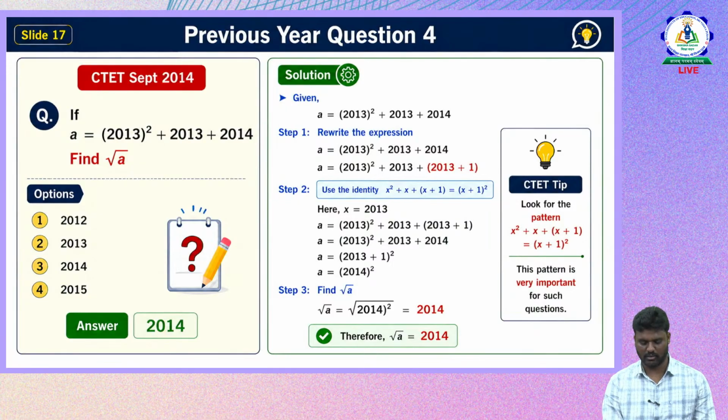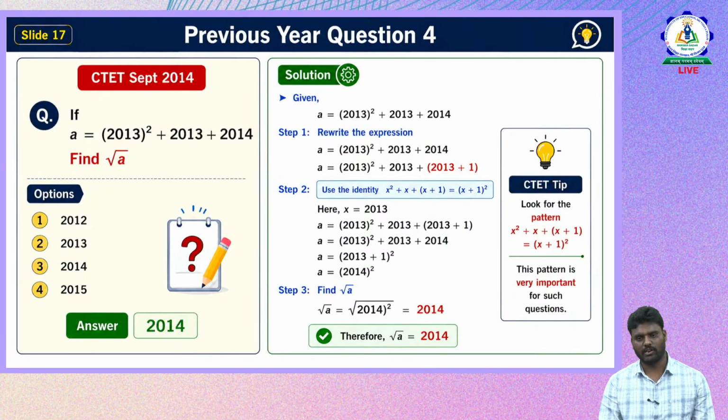First, we need to identify the a value here. The given a value is 2013 squared plus 2013 plus 2014.